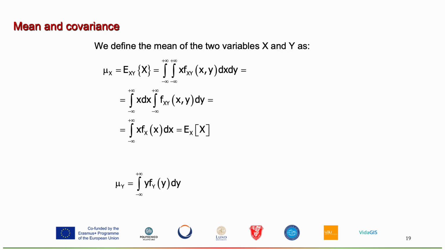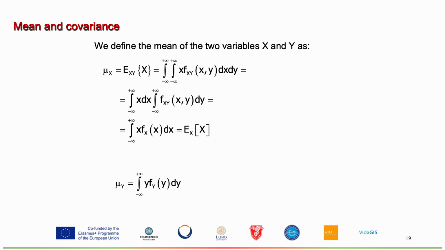Now, let's go a little bit deeper into details about the idea of mean and covariance for a two-dimensional random variable. What is the mean, given a random variable x y, what is the mean of x, the individual mean of x?